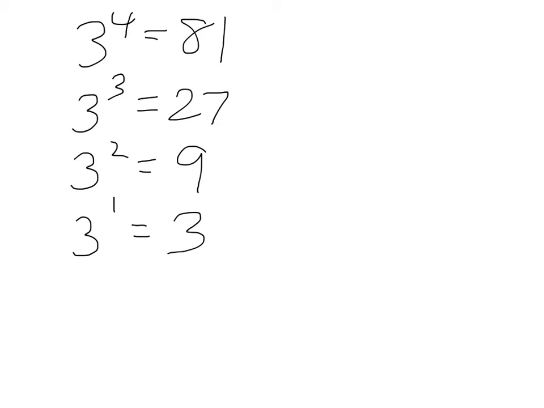Now, if we continue that, let's talk about the pattern here for a second. If I use what we said before, that as the exponent decreases by 1, I divide by 2, that's not true. What is it this time? Whenever the exponent decreases by 1, you divide by 3. Okay, so this time every time the exponent decreases by 1, you divide by 3.